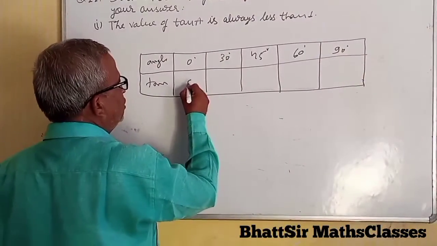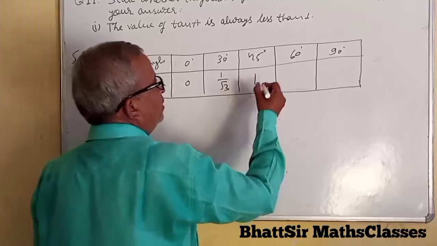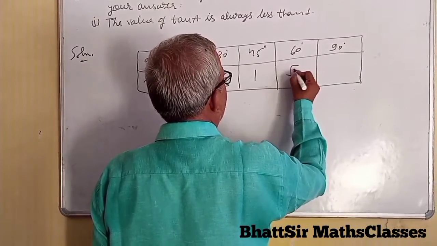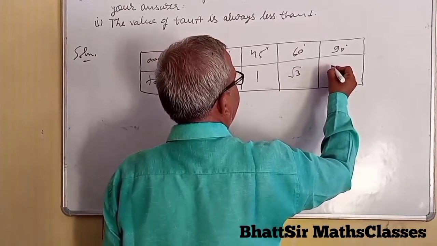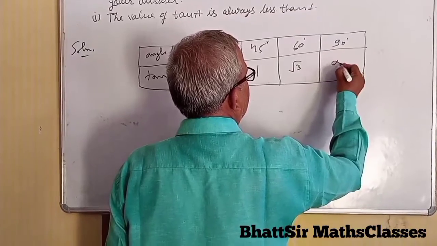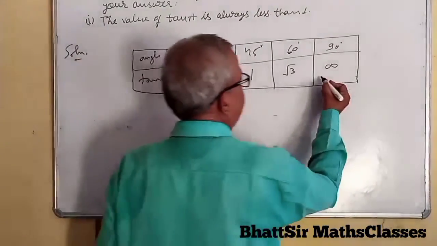Tan 0 degree is 0, tan 30 is 1 upon under root 3, tan 45 is 1, tan 60 is under root 3, tan 90 is infinite. It means not defined.